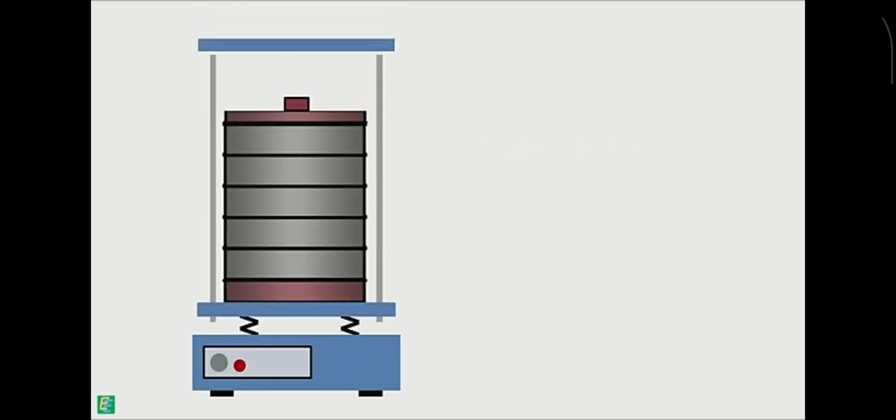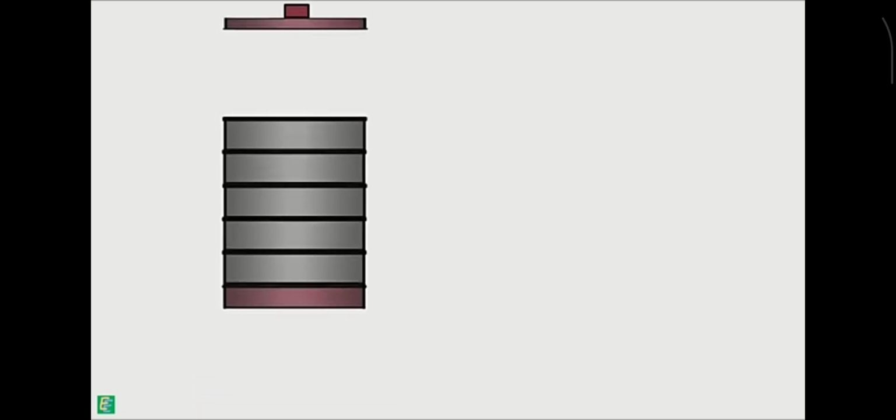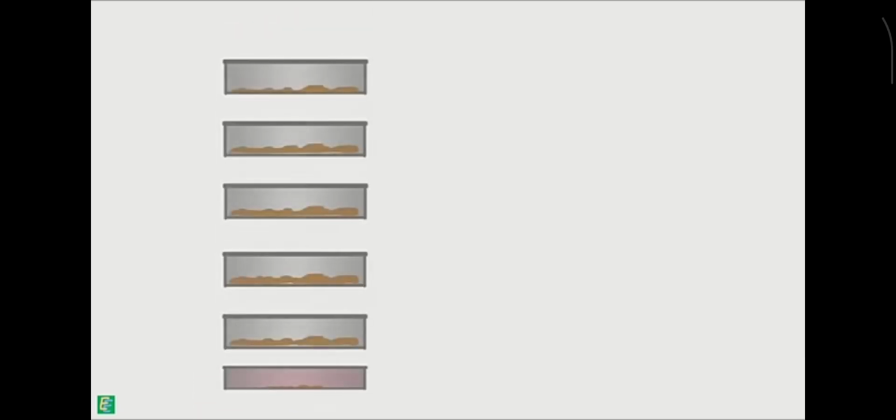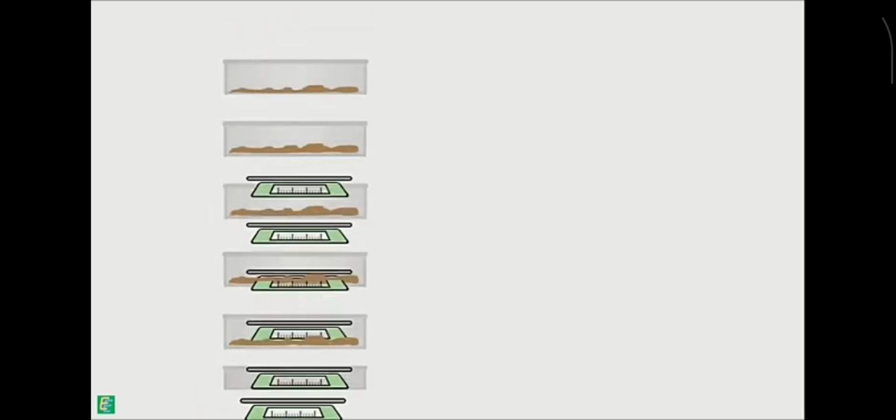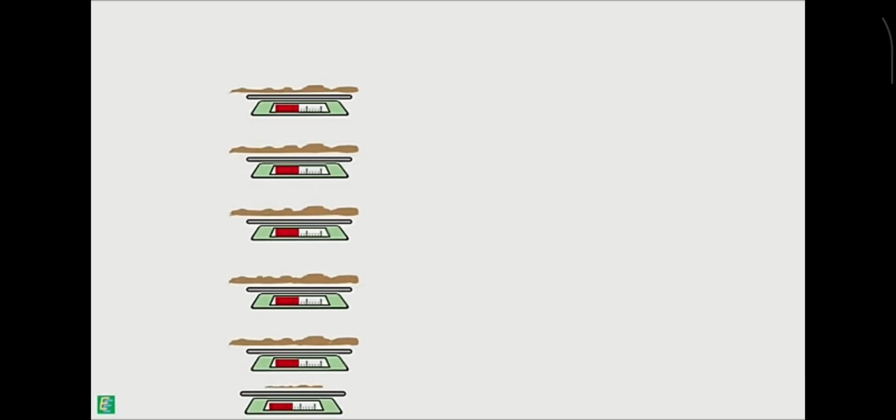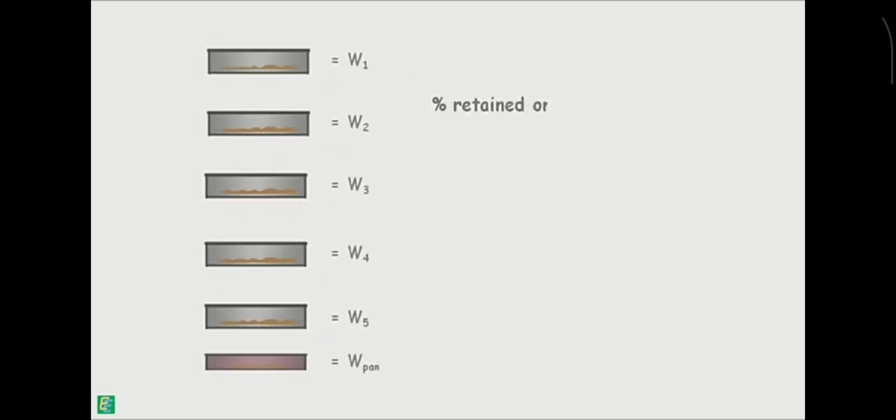Then the arrangement is taken out and the amount of soil retained on each sieve and pan is weighed with the accuracy of 0.1 gram. Let's say the weights retained on the sieves are W1, W2, W3, W4, W5 and W pan. Then we calculate the percentage of amount of soil retained on each sieve as the weight of retained soil on the sieve divided by the total weight of soil sample multiplied by 100.